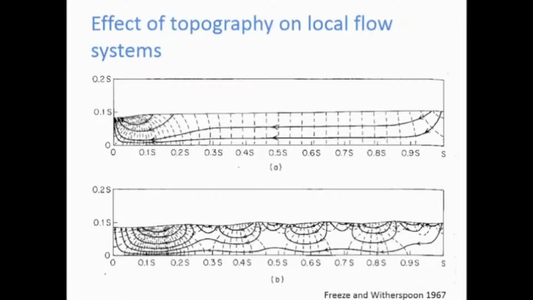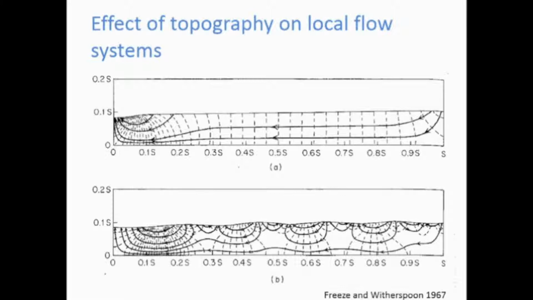The effect of position in the landscape will also be influenced by topography. This is one of the first studies using computer models to look at groundwater flow systems, and it's a pretty simple example. We have a landscape that has a low gradient, but in one case on top, the topography is flat. In the example below, there are hummocks and hollows.